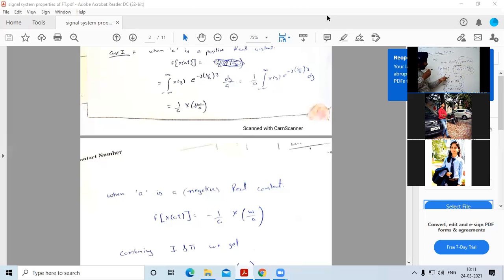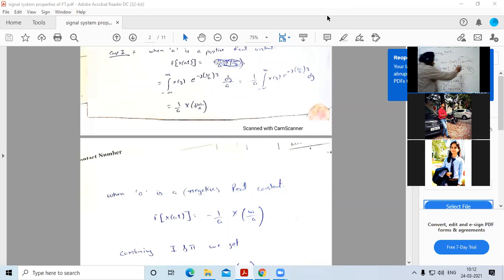When we put these values in the above equation, we get x(y) e raised to minus j omega upon a y, dy upon a. The 1 by a is common.